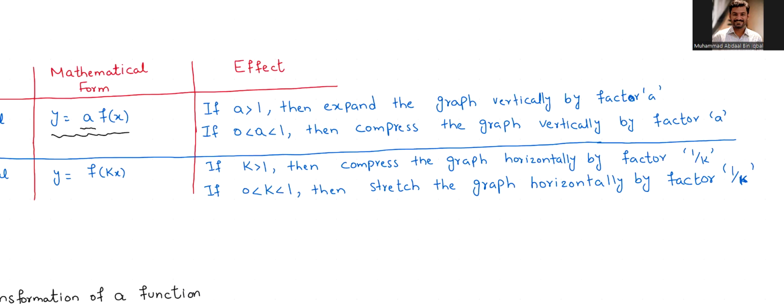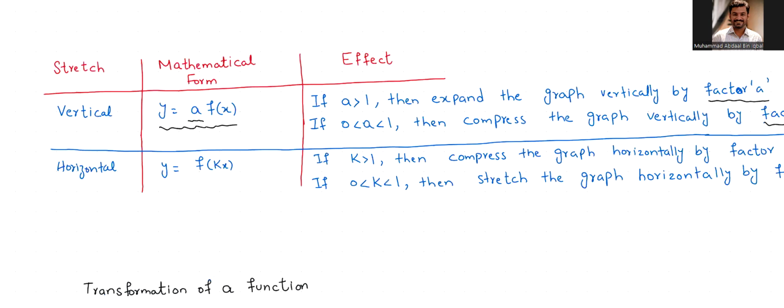Now we are moving to the horizontal graph. If we have a horizontal function like y equals f of kx, here we have the constant value inside the function. See this, this is inside the function. Here we apply the horizontal translation.